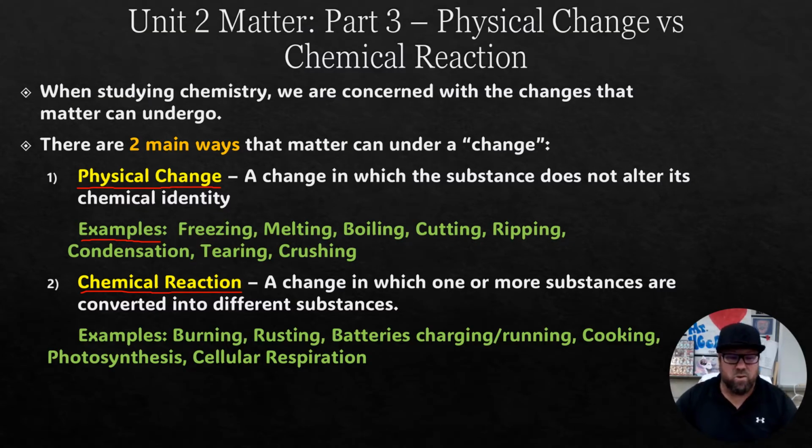Okay, so examples of chemical reactions or chemical change are burning, rusting, batteries charging up or running a battery, cooking, photosynthesis, cellular respiration. So there's tons of examples of chemical change, and part of the fun thing in this class is we're going to observe and study those chemical changes in reactions.